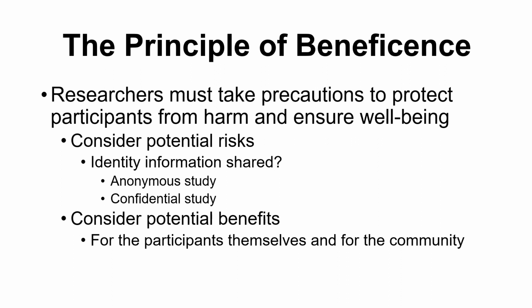So we can do an anonymous study or a confidential study. Anonymous meaning that none of their information is actually collected. So this would be a survey where they get your opinion, but they never collect your name or contact info. A confidential study would be that they take your information, but it's protected from access by anyone else.